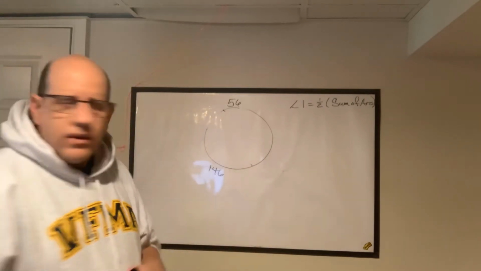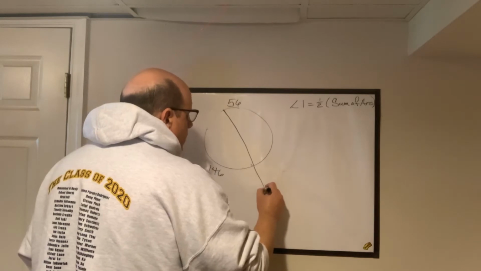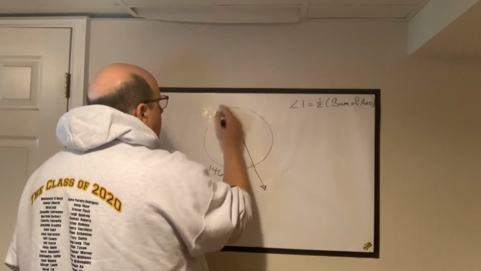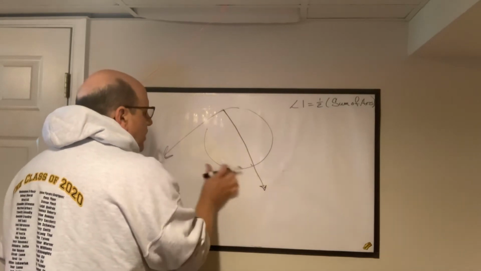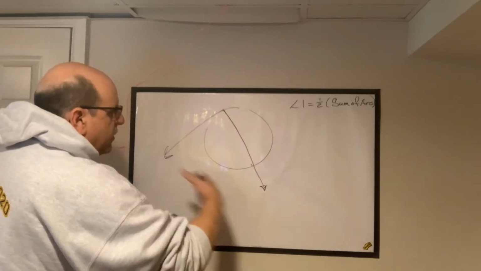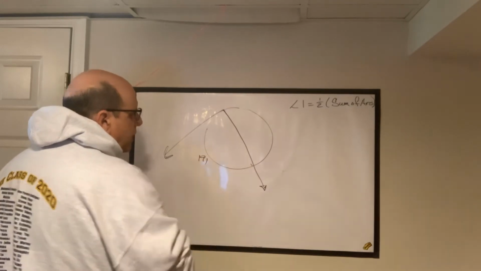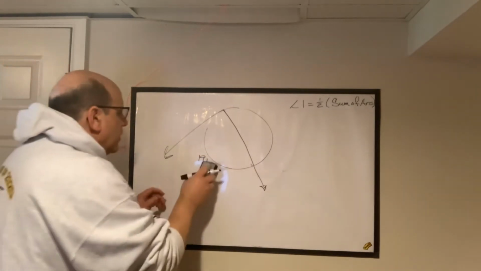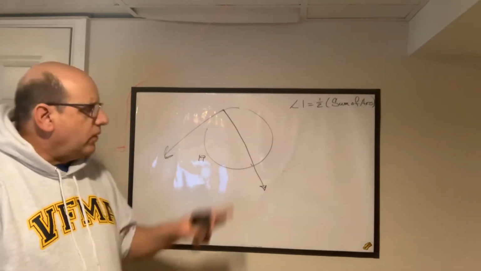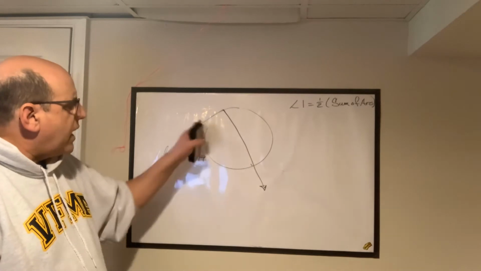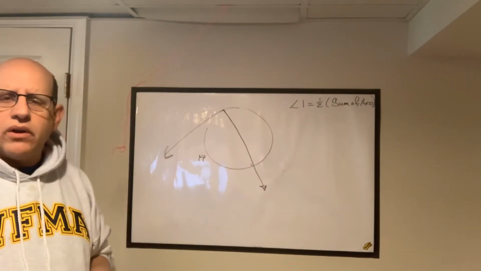You have another example where you just have a tangent and a secant. So you have this secant that cuts through here, and then you have, let's just say, a tangent that shoots out this way. And you're given, I'm going to call this 190 just for fun. The same thing is true, only you don't have to add the two arcs together because it's only creating one arc.